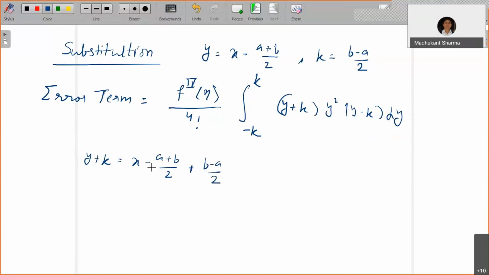So that is going to be minus a by 2 and minus a by 2 will get cancelled. That is going to be x minus b. Now y minus k is going to be x minus a. Okay, and now this integral can be solved more easily than the previous one.